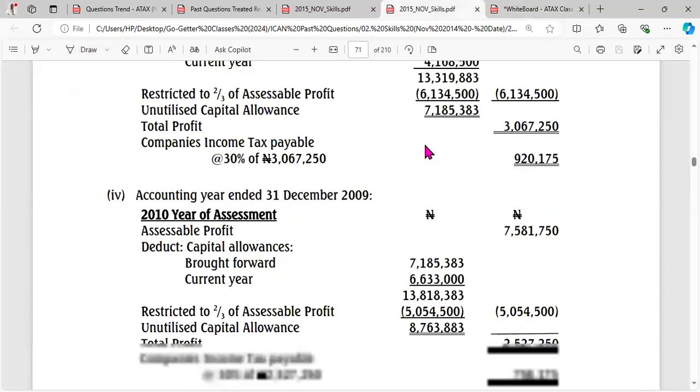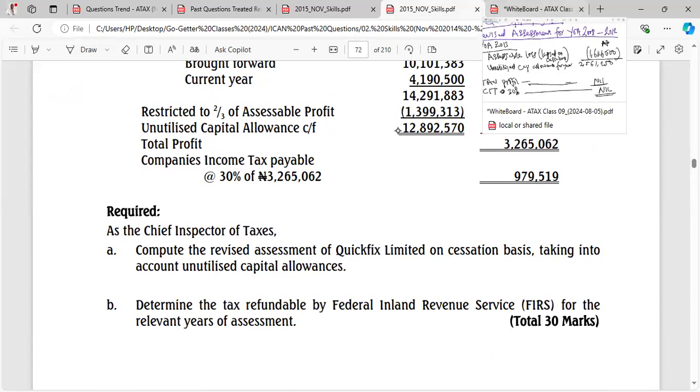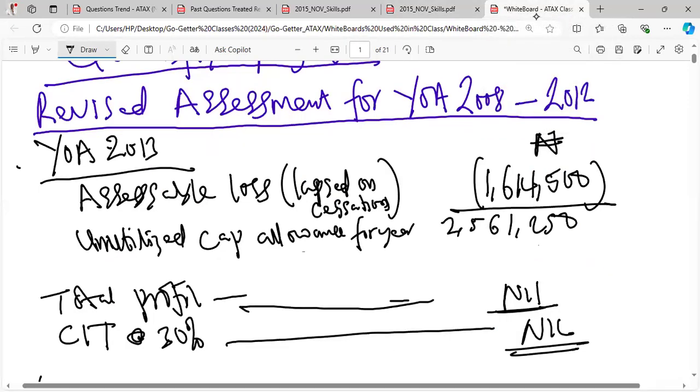Then this is the capital allowance that is supposed to be carried forward, 12,892,570. So this is capital allowance brought forward.